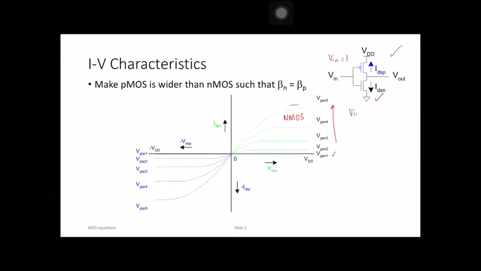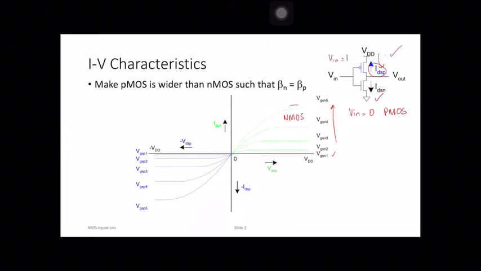Conversely, when Vin equals 0, the PMOS is on and the PMOS will start to pull up the output to VDD, and there will be current IDSP. In the graph, the current here is negative because the convention considers the current flowing from VDD to Vout, so it is the negative of IDSP.